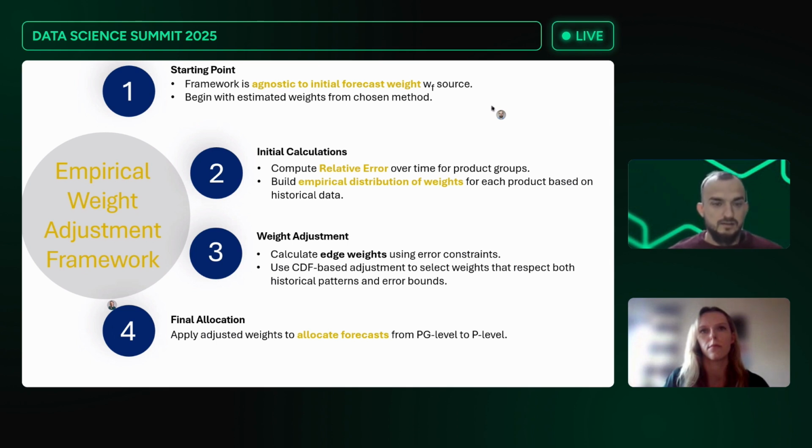Then, knowing this relation between error and possible weighted mean absolute percentage error, we calculate edge weights. Then, using a cumulative distribution function, we select the final adjusted weight, and then we can use this adjusted weight to allocate forecast from the higher hierarchy to the lower, in our case from product group to product level.